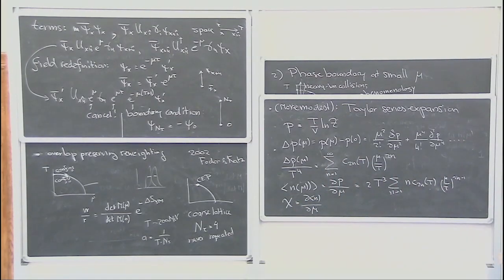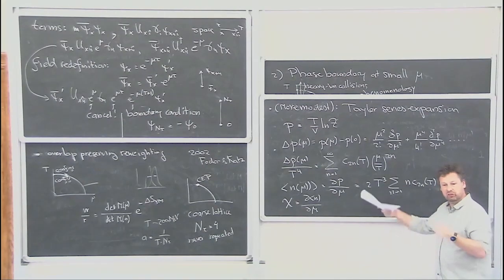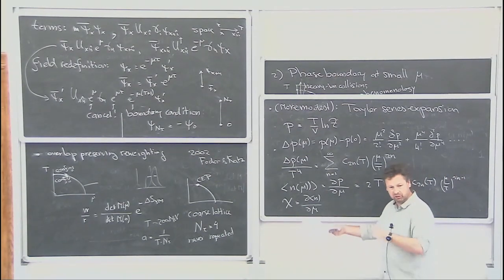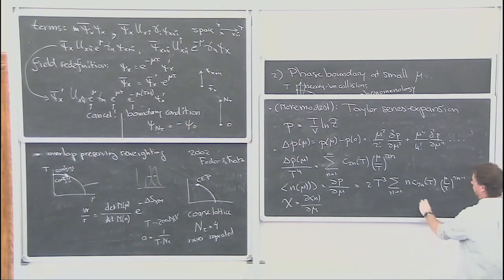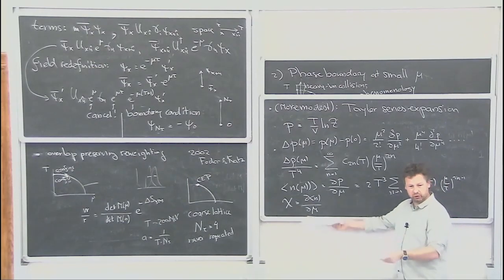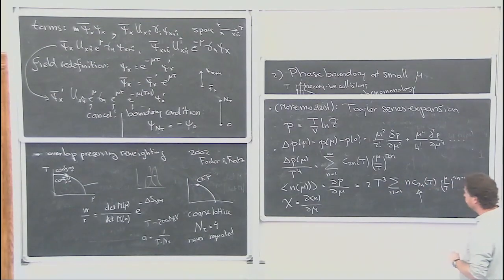So although the Taylor series looks like just something you can do, you can extract a lot of physics out of it, because there are susceptibilities, fourth order susceptibilities, which are all related to the coefficients appearing in this Taylor series. So if you can measure or compute these coefficients, you can say something about higher order susceptibilities, and so on.